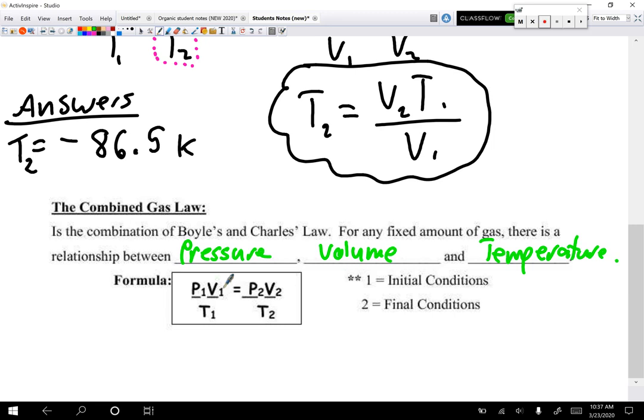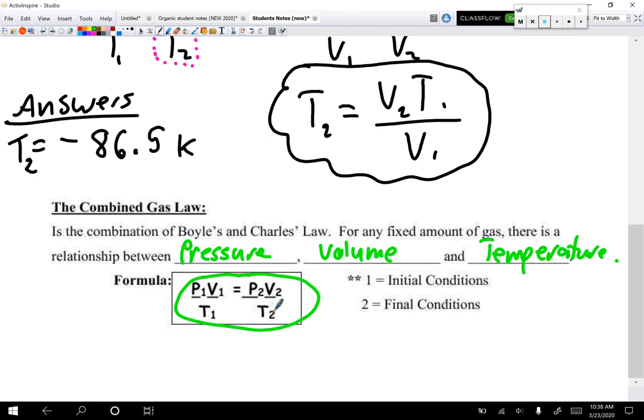So our equation is P1 V1 over T1 equals P2 V2 over T2. You can notice just the numerator portion, P1 V1 equals P2 V2, looks like Boyle's law. And then of course if you cover up the pressure units, we've got V1 over T1 equals V2 over T2, and that's our Charles' law. So it is a combination of both of these.